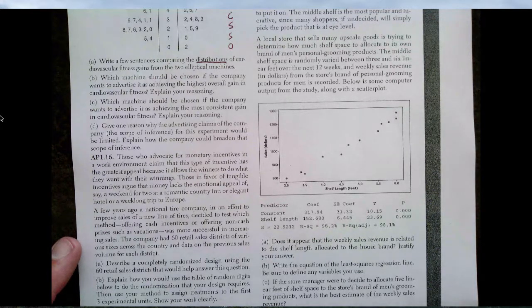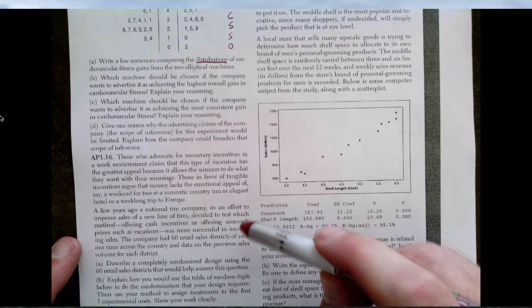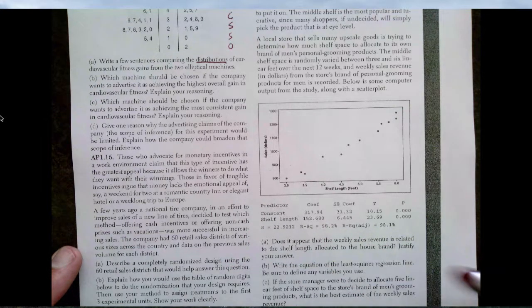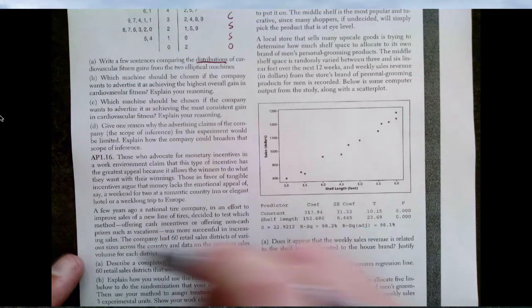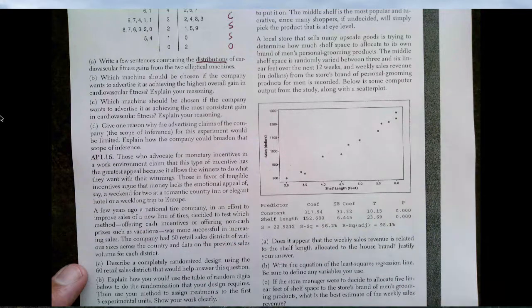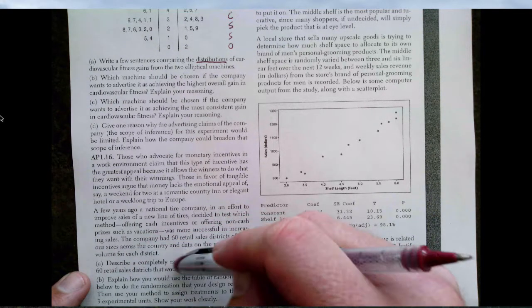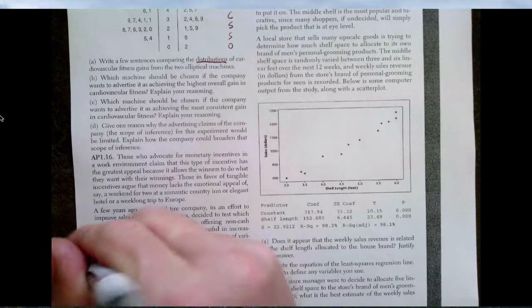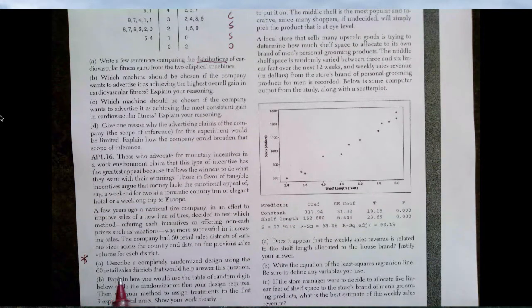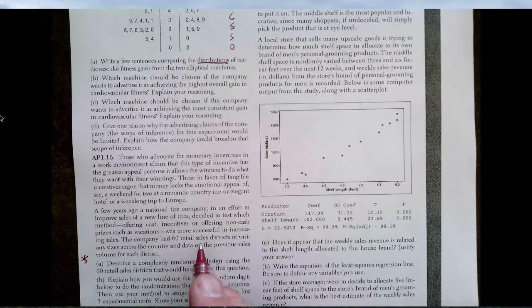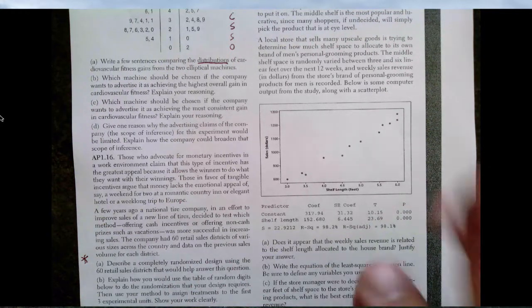The company had 60 retail sales districts of various sizes across the country and data on the previous sales volume for each district. Describe a completely randomized design using 60 retail districts that would help answer this question. What I would do is put all 60 retail districts into a hat on slips of paper, and randomly draw them out.